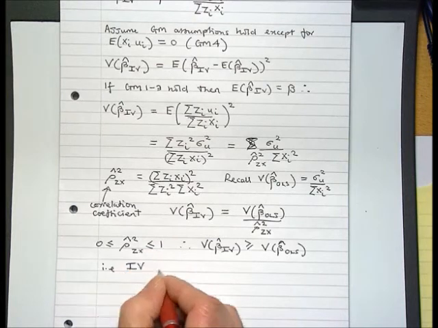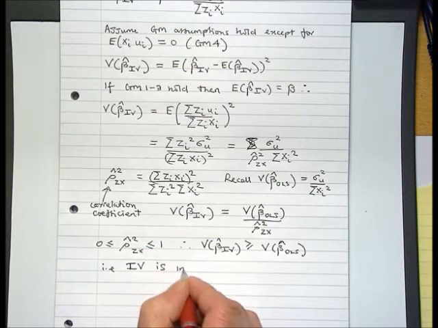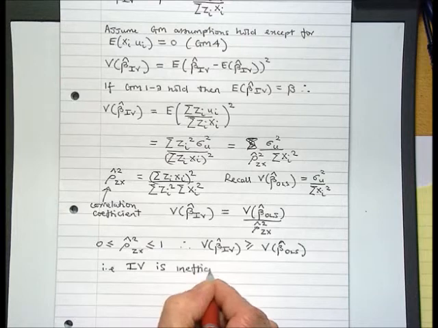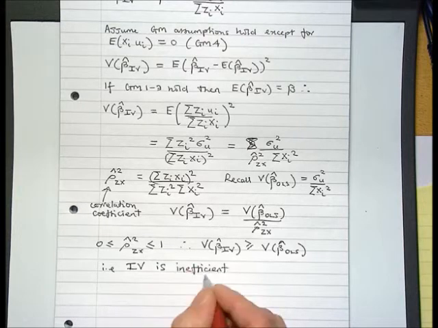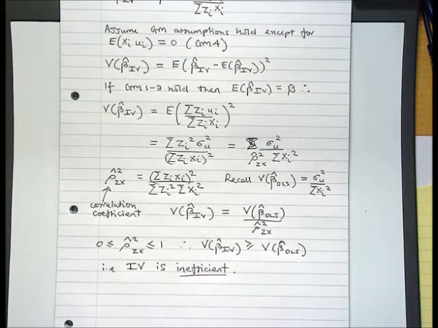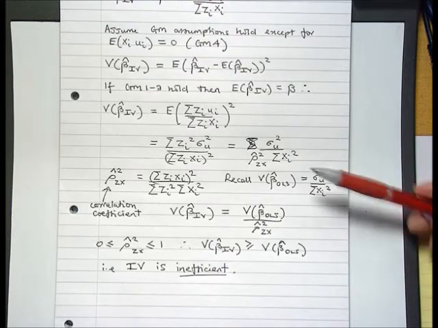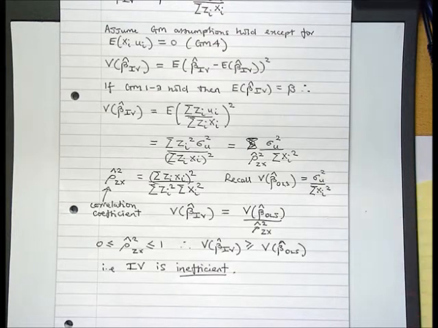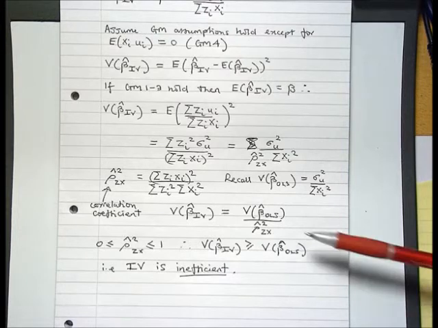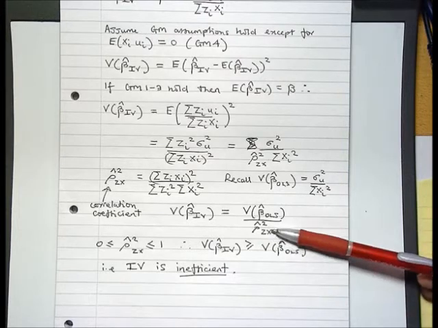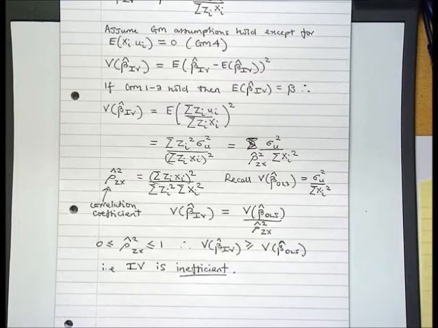In other words, what we would say is that instrumental variables is inefficient. It has a higher variance. Okay? And again, you can see from this expression that the extent of that inefficiency, the extent to which the IV estimator has a higher variance than the OLS estimator, is going to depend upon how close rho hat squared is to 0.